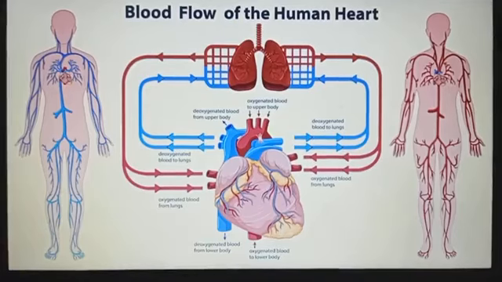So this is how the systemic circulation transports blood between the heart and the entire body, and the blood keeps on passing alternately between the two circuits which we have discussed, and this process continues as long as the person lives.